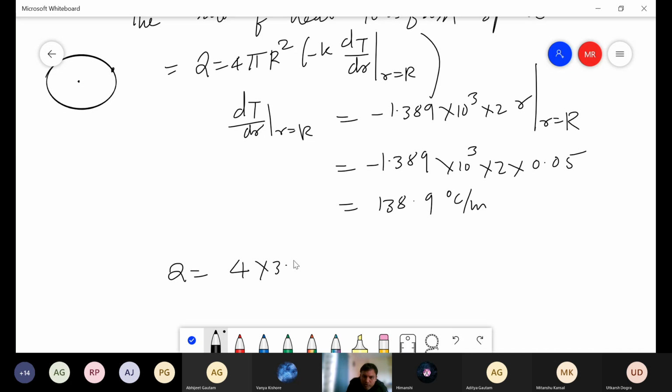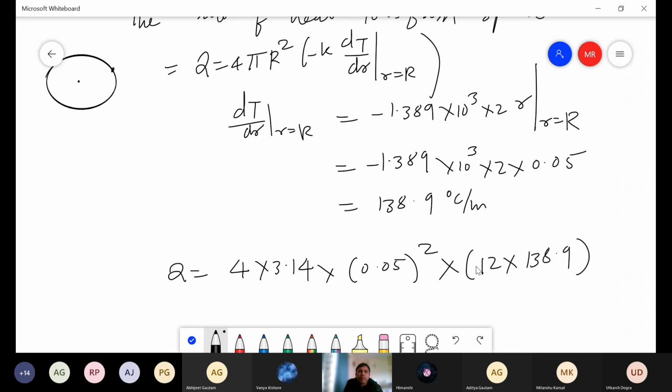4 into 3.14 into r square, which is 0.05 square, into k. In this case, k is what? K is already given as 12, isn't it? Right? Into 138.9.